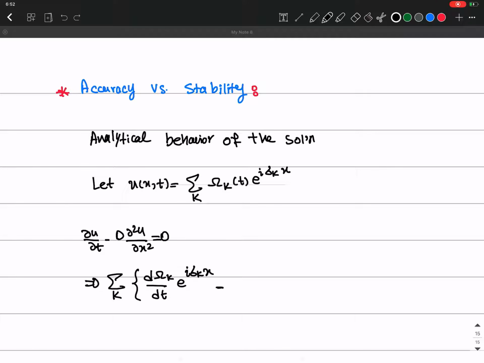So it's going to be (i sigma_k)^2, and I have omega_k. i squared is going to be -1, so I just write -1 times sigma_k squared e^(i sigma_k x).